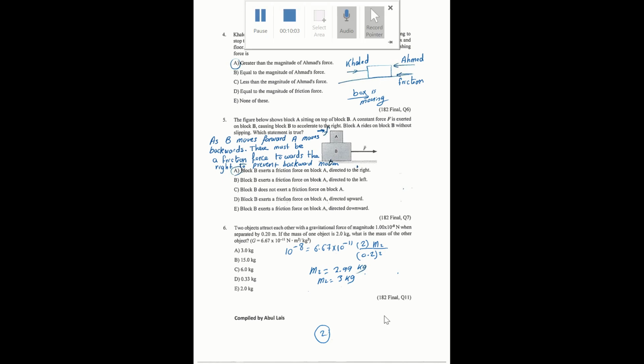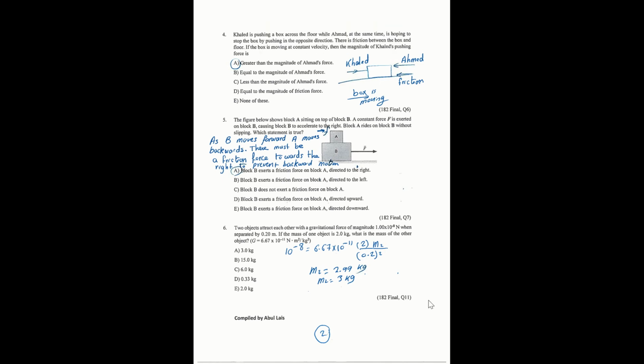Okay, so now let's look at the next problem, which is number 6. It says two objects attract each other with a gravitational force of magnitude 1 times 10 to the negative 8 newton when separated by 0.2 meters. If the mass of one object is 2 kilograms, what is the mass of the other object?